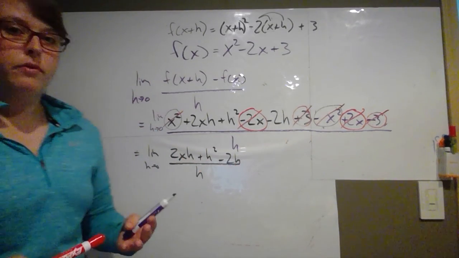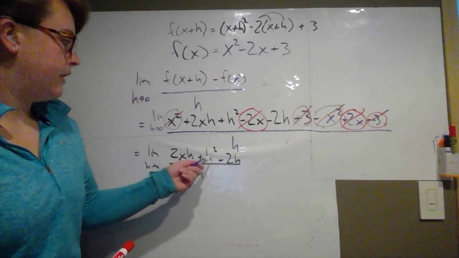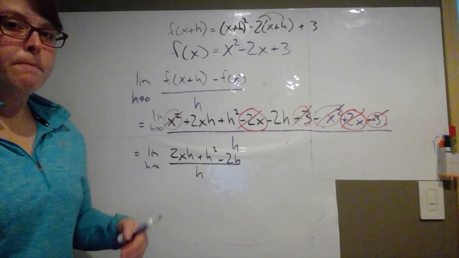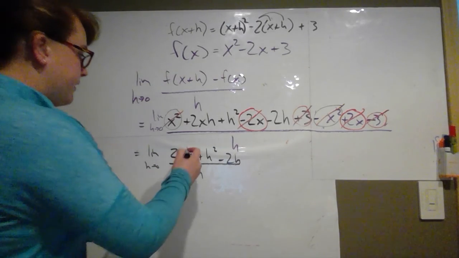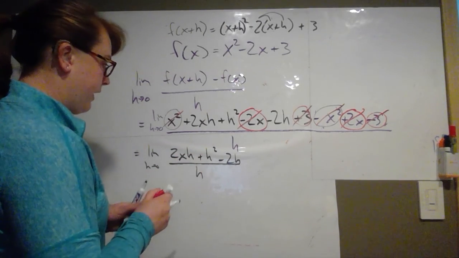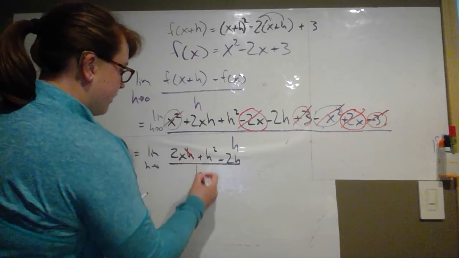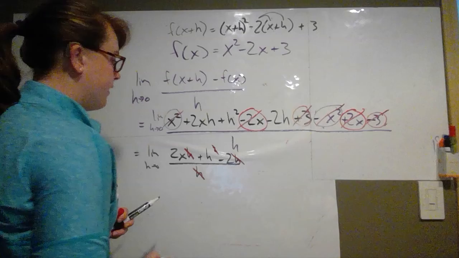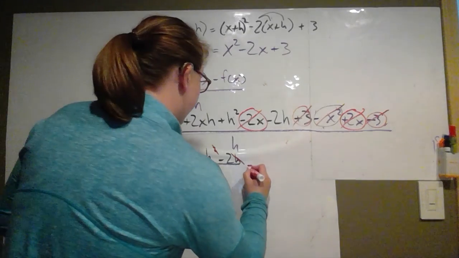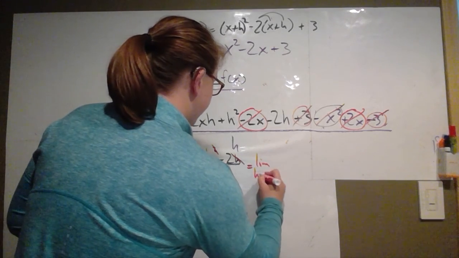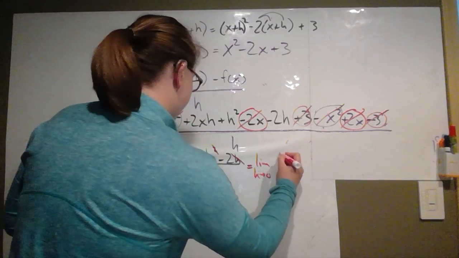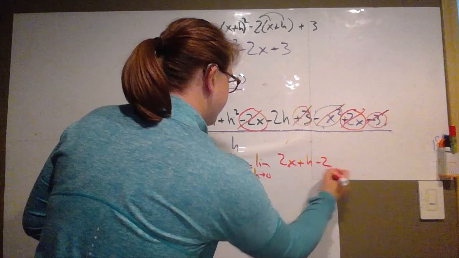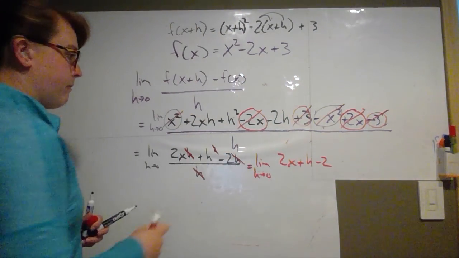And now, hopefully we've noticed that we have an h in each of these terms. So I can factor out an h and cancel it with the h on the bottom, or you can just think each of these that has an h in them, we're going to get rid of one of the h's. So this is just going to become h, not h squared. So now we have the limit as h goes to 0 of 2x plus h minus 2, and the h on the bottom is gone.